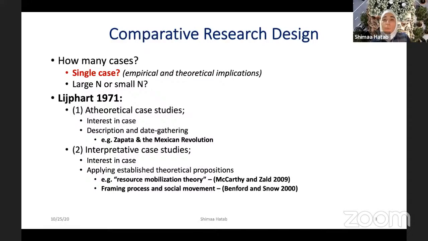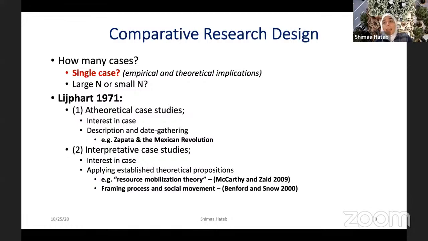For example, if you are interested in a particular social leader, as I mentioned, Zapata in the Mexican Revolution, or Nasser and the Free Officers movement, you just need to examine this particular case, offer some descriptive analysis or gather some data because you are interested in this case.